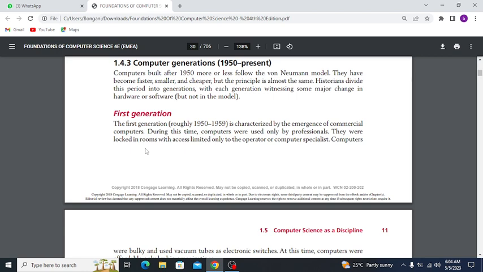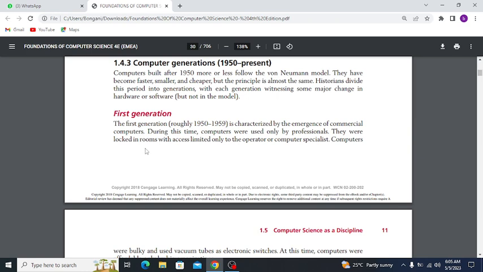They have become faster, smaller, and cheaper. Computers are getting smaller and smaller, even thinner and thinner, but the principle is almost the same. From the time when computers were designed, they were using vacuum tubes, which were big and very expensive.